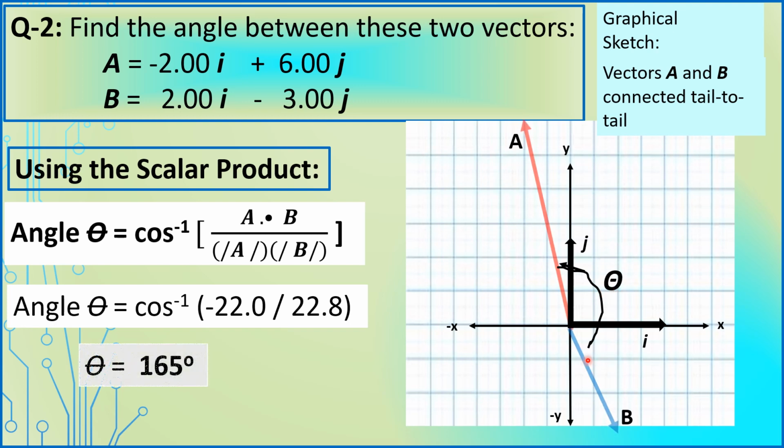In other words, if you're going to measure the angle, for example, from this vector arrow and you move counterclockwise until you reach vector A, that will in fact be equal to positive 165 degrees. So that's how we solve this question.